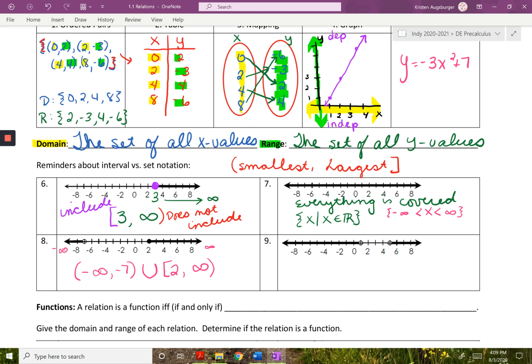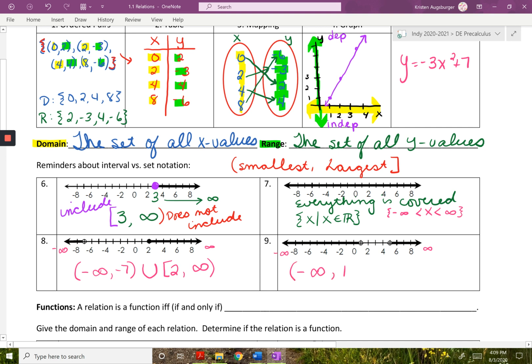What about number 8? Can you do number 8? Looking at the left-hand piece, again, left and right are my infinities. So I am starting from negative infinity and going up through a positive 1.